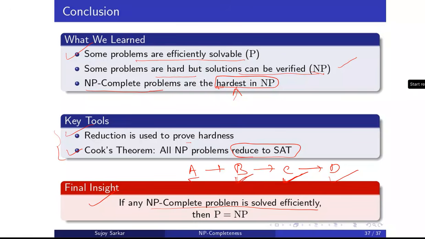And as A can be reduced to B, if B has an efficient solution, A has an efficient solution. So if any NP-complete problem is solved efficiently, all NP-complete problems will be solved efficiently, and there will be no problem remaining that is not in P. So all NP problems will become P problems, and P will be equal to NP.